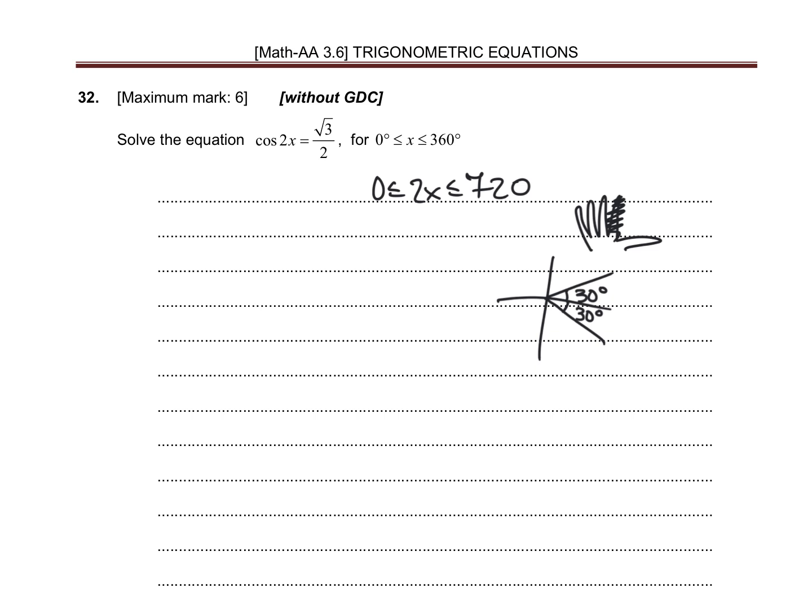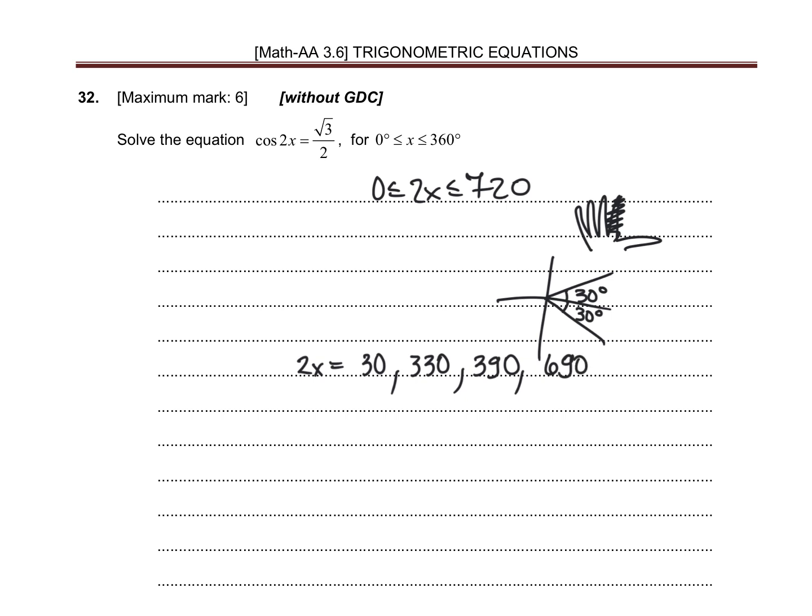All right. So we have to go up to 720. So we've got 2x equals 30 and 360 minus 30, which is 330. And then we just keep adding 360 till we get over 720. So we're going to have 390 and 690. And then it's going to be over 720.